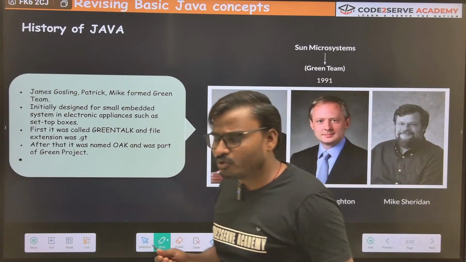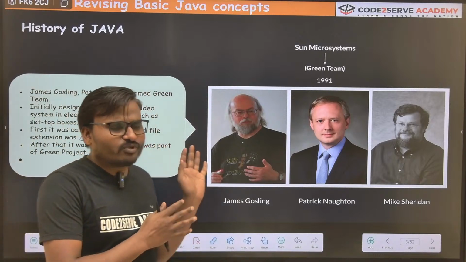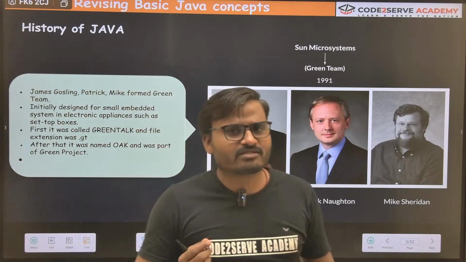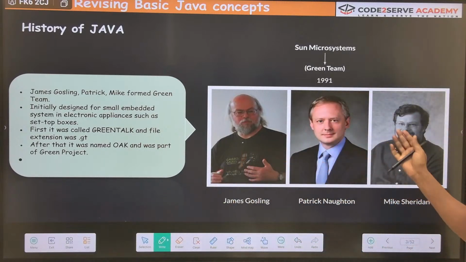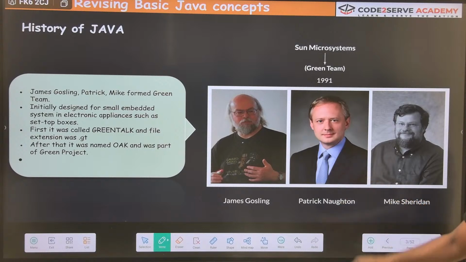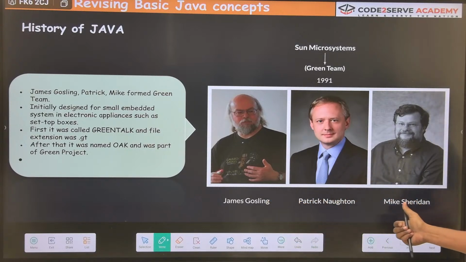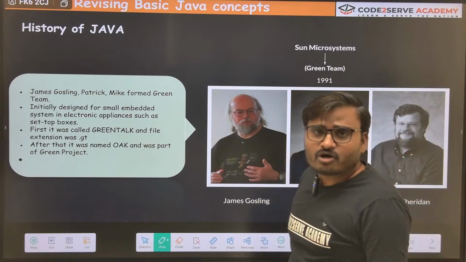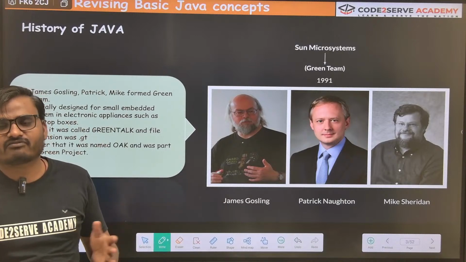You should know the initial history of Java. You don't have to learn it, but you should know the basics, how it emerged, and who had the main role in developing the language. The first person was James Gosling, along with Patrick and Mike, and generally we call James Gosling the father of Java.